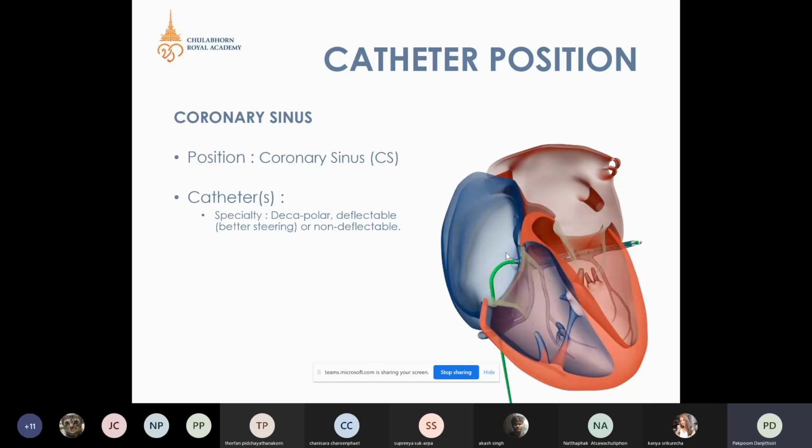So to make it easier to advance the catheter into the coronary sinus, the doctor often uses the deflectable curve catheter. Okay.